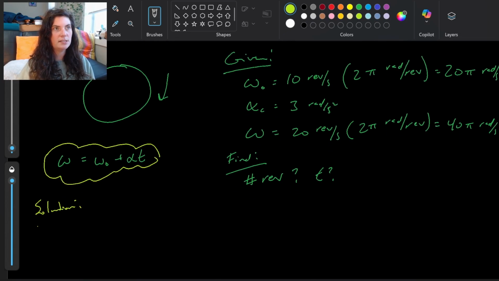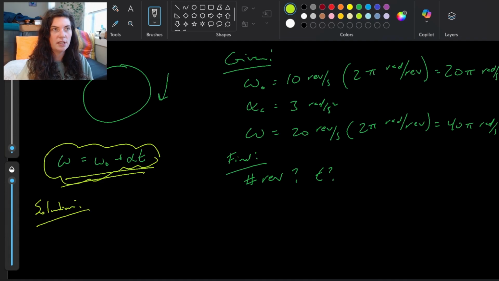Since this is constant acceleration, I can use my constant acceleration relationships to solve this problem, rather than going through integrations or anything like that. You can do it that way, and it's acceptable if you did it that way and your answers worked out. That is 100% okay. You can get there through integration, no problem.